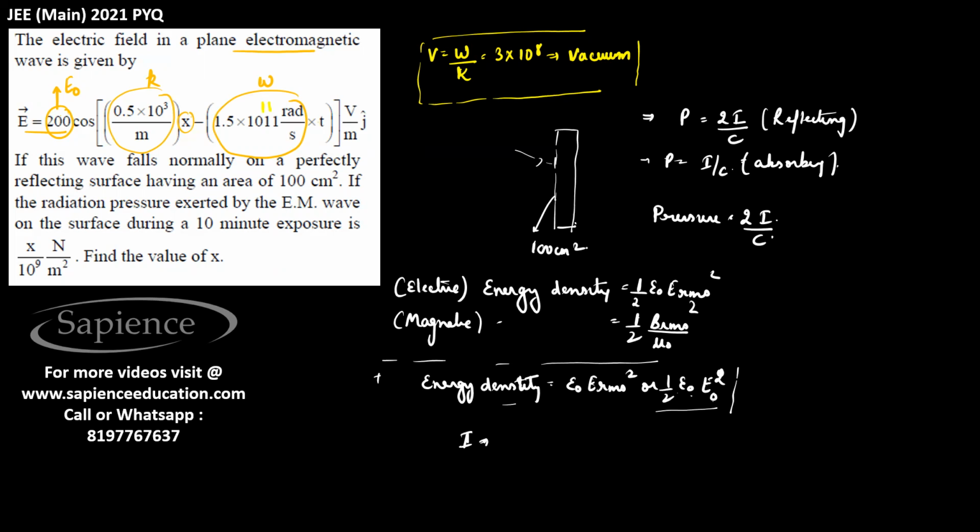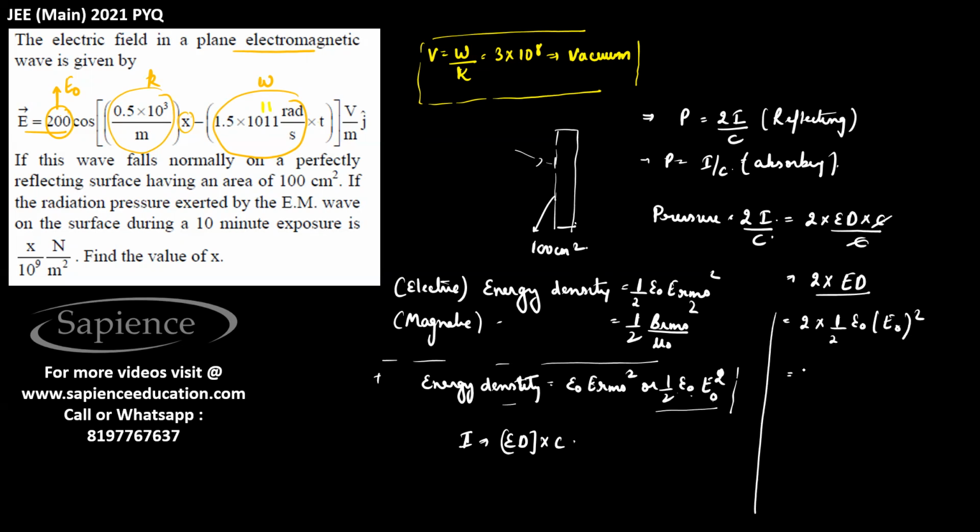Intensity is equal to energy density into speed of light. So if you substitute here, 2 into energy density into speed, the speed is cancelled, so pressure will be twice the energy density in case of a perfectly reflecting surface, and the pressure will be equal to the energy density in case of a perfectly absorbing surface. Energy density we can write like half epsilon naught E naught square.